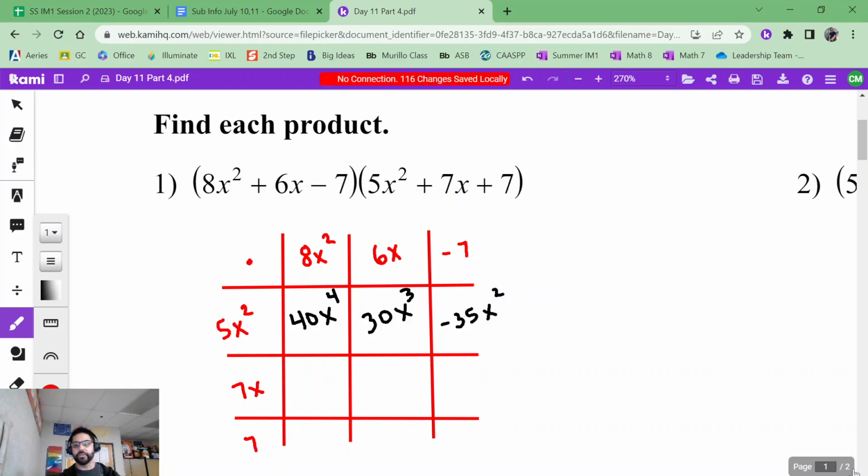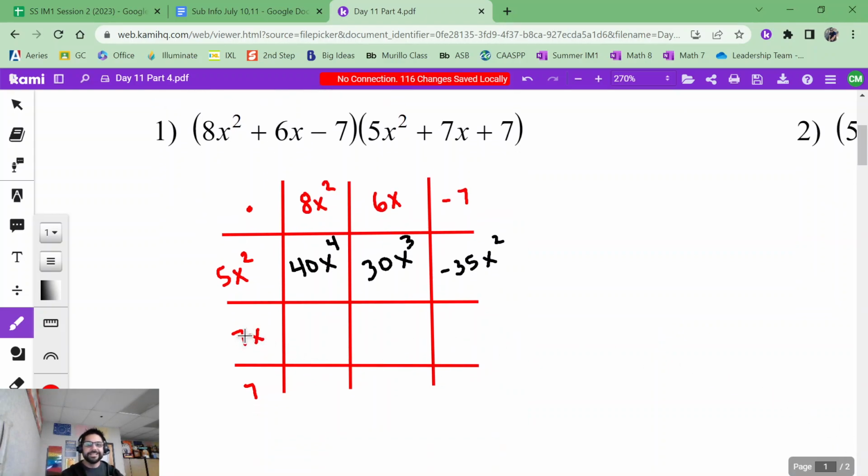All right, we continue with our multiplication. 7 times 8 is 56. X times x squared is x cubed. 7 times 6 is 42. X times x is x squared. 7 times negative 7 is negative 49. X tags along.